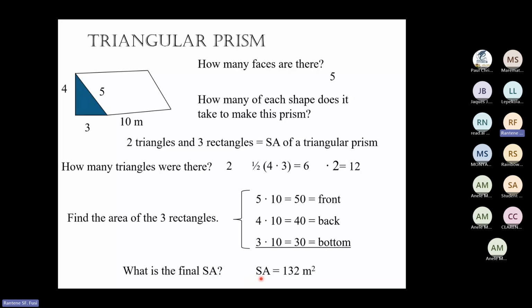So the surface area would be the sum of this plus that 12, which gives you 132 meters squared. Did you see that? The areas of the 3 rectangles plus the area of these triangles. In other words, you've got 5 things that must be added together, and it will give you 132 meters squared.